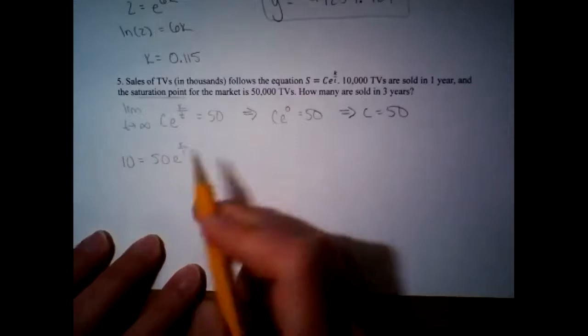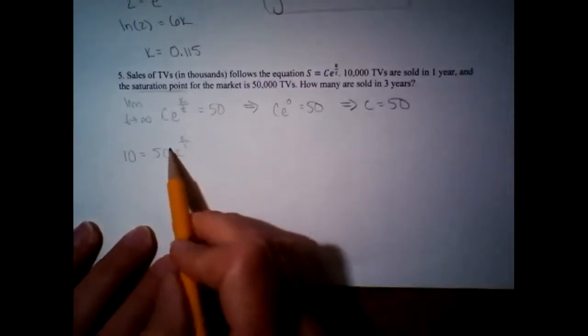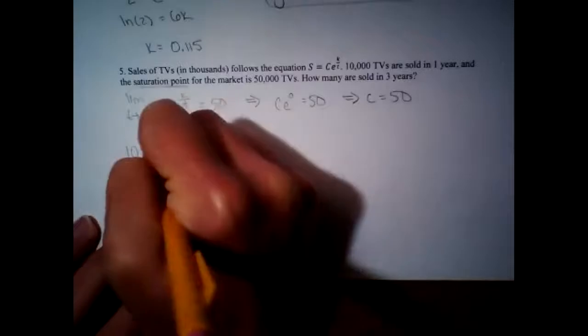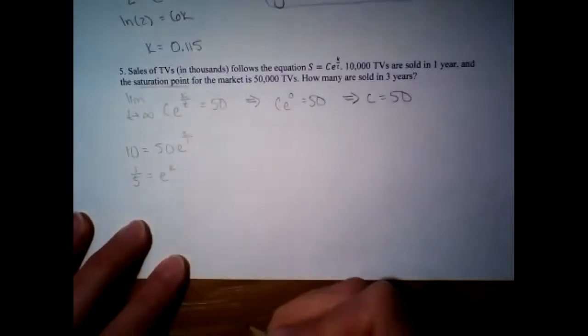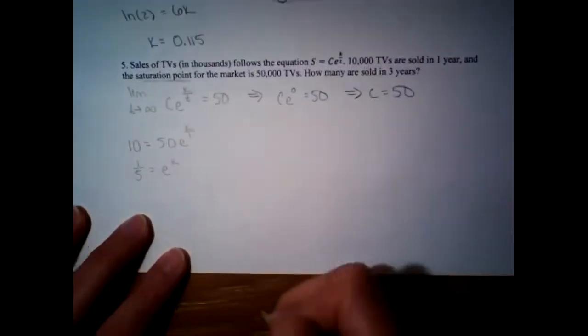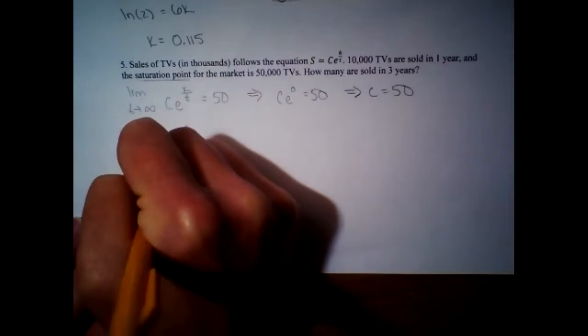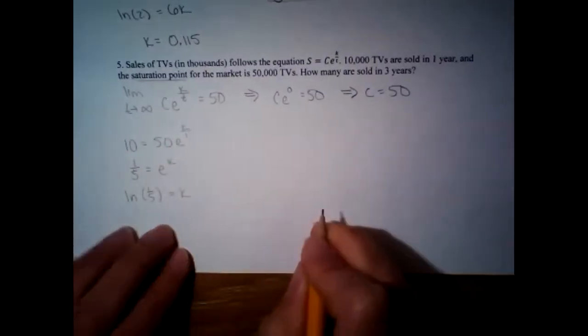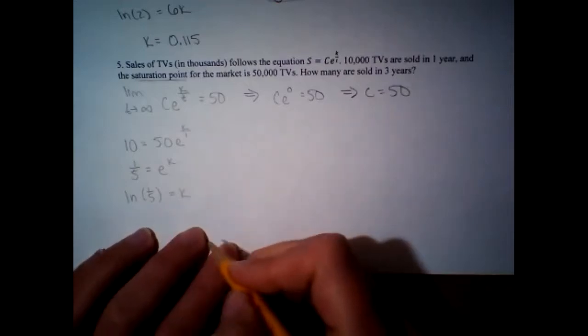And we're going to solve for the rate there. Dividing over the 50, 10 divided by 50 would be 1/5 equals e to the power k. K over 1 would just be k. And then we're going to ln both sides. So ln of 1/5. I'm actually just going to leave it like that. I'll pick up the calculator at the end because that's not super complicated.